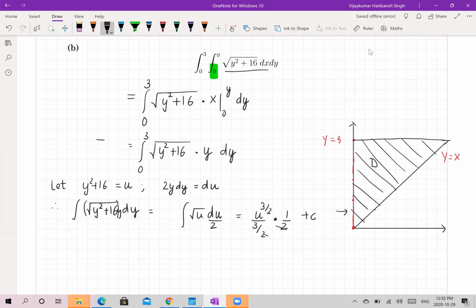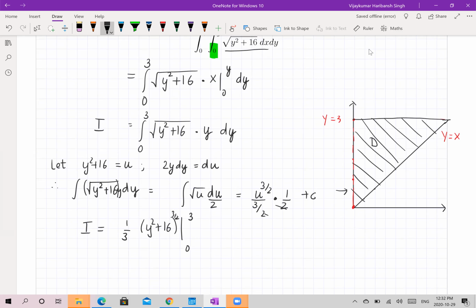So my integral I is going to be y squared plus 16 to the power 3 by 2, times 1 by 3, from 0 to 3. So when I put 3 there, I get 9. 9 plus 16 is 25.